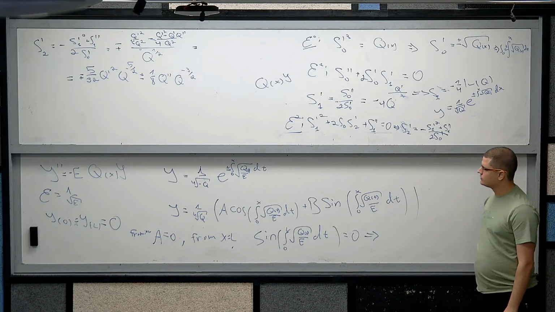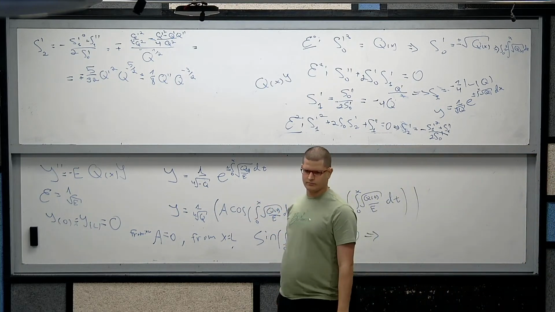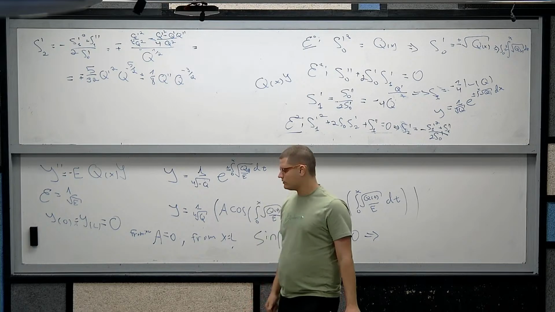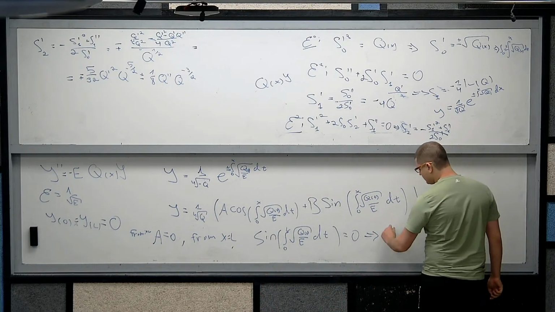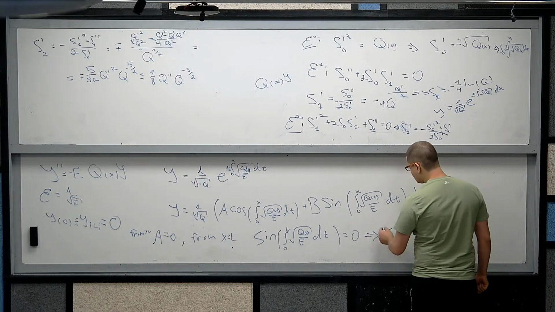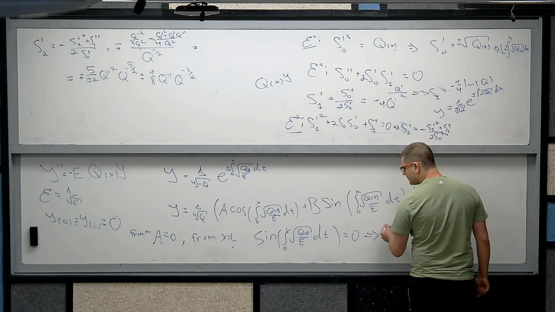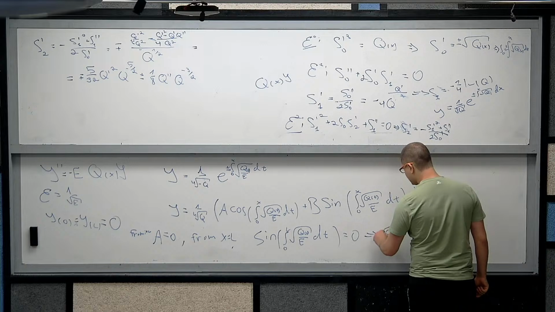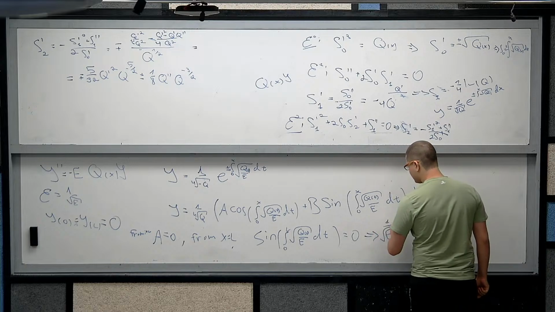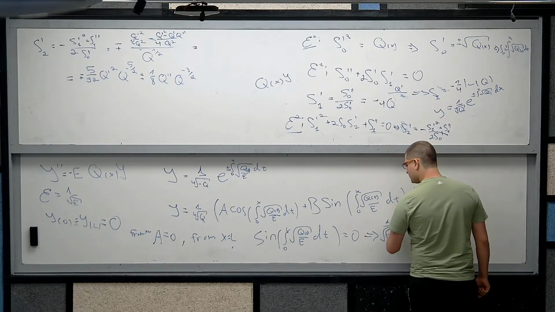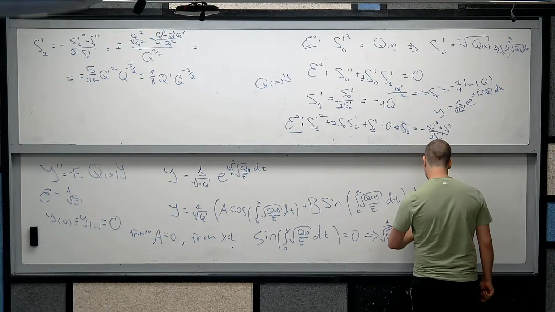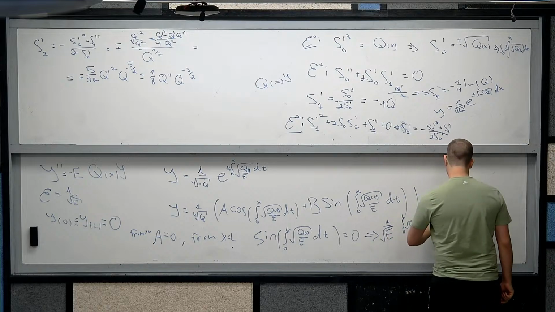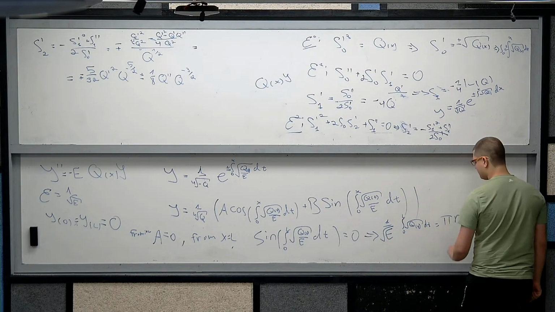Yes. I just assume here that the eigenvalue is very big, and we get an approximation. That is practically the same thing, but with a slightly different case. So that is 1 over E times the integral of the square root of Q of t dt, and that equals pi n.